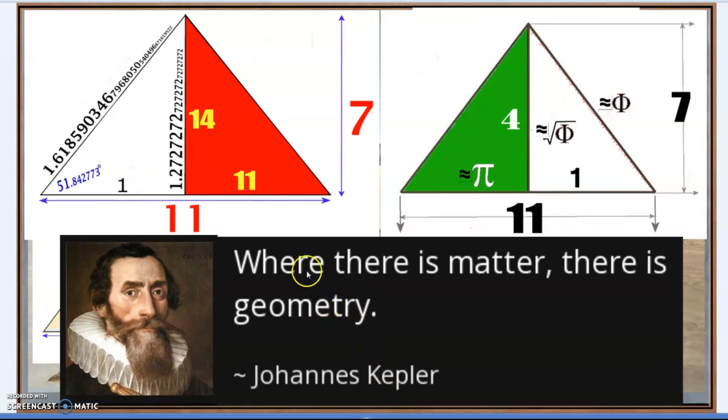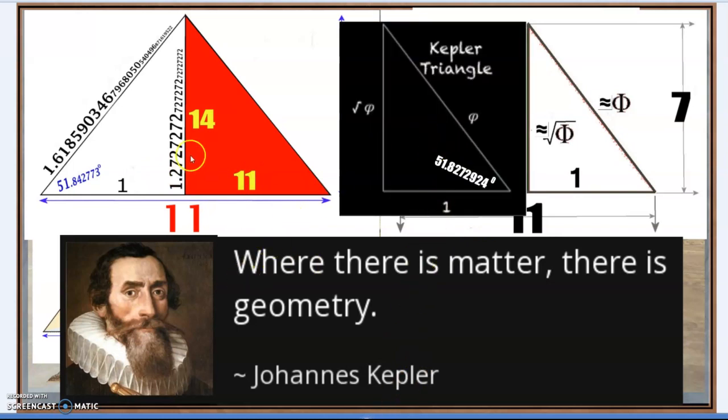It's very interesting because on the other side, if the height is 4, the half base is almost equal to pi, almost. If the half base is 1, then the height is almost, that's why it's a squiggly line rather than a normal equal sign, the square root of phi, or the golden ratio, and the slope is the golden ratio, or very close to it.